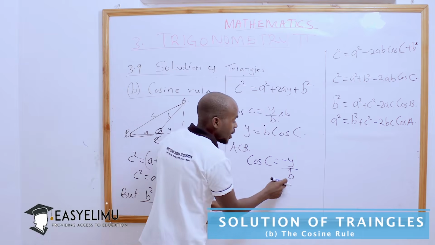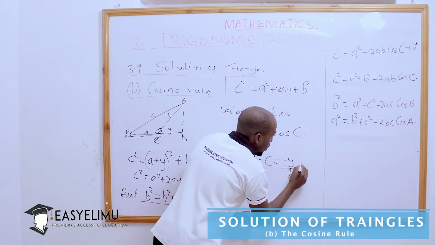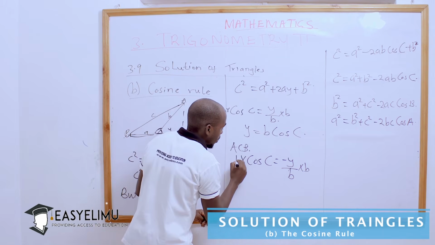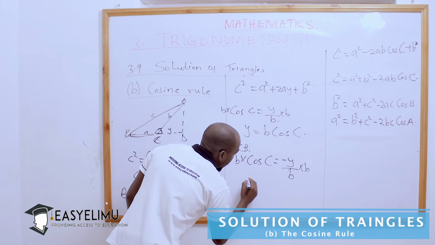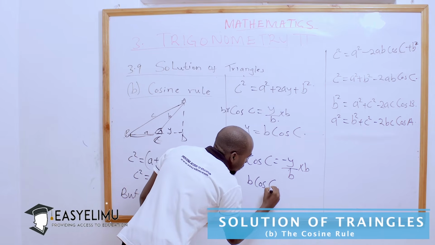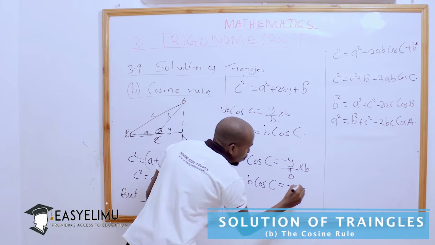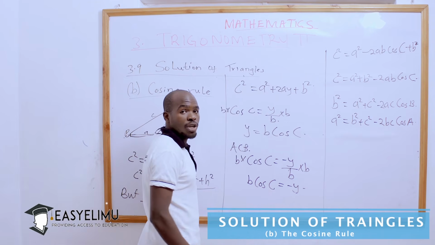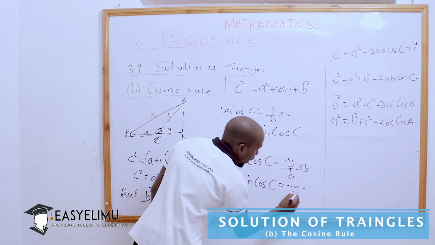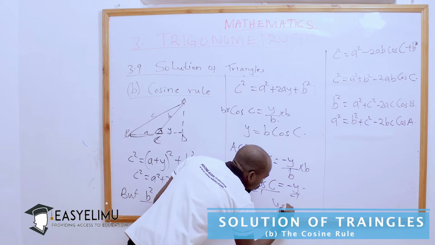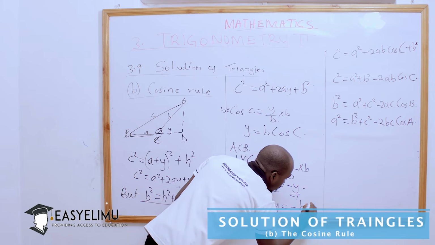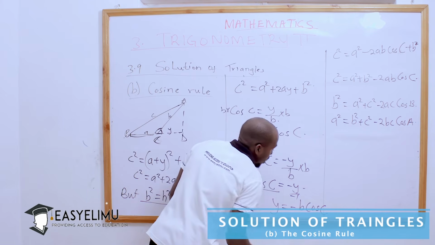And then we shall multiply both sides by B to obtain the value of Y. So we shall find B cos C is equal to negative Y. If you need Y alone, divide both sides by negative 1, and you are going to get that Y is equal to negative B cos C.